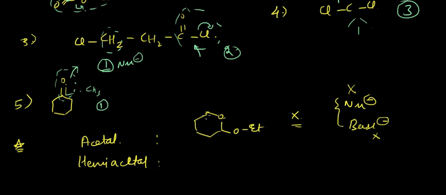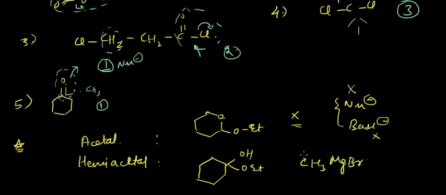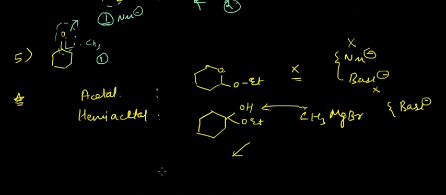Okay, and for the hemiacetal case we have something like OH and OEt on the same carbon atom. Hence what can happen is CH3 minus or CH3MgBr can attack on this hydrogen, as a base, because it is an acidic hydrogen, and as a result it will have something like O minus and OEt.